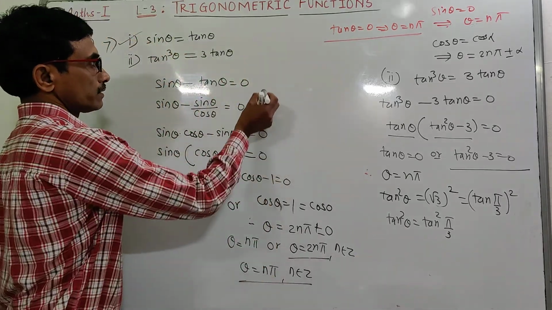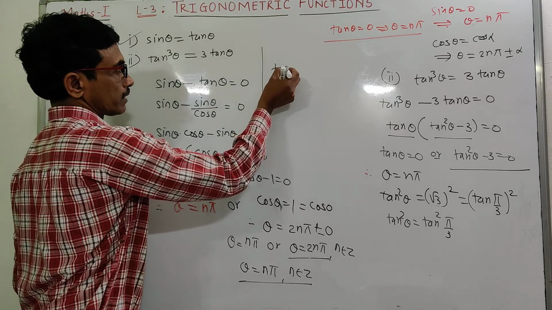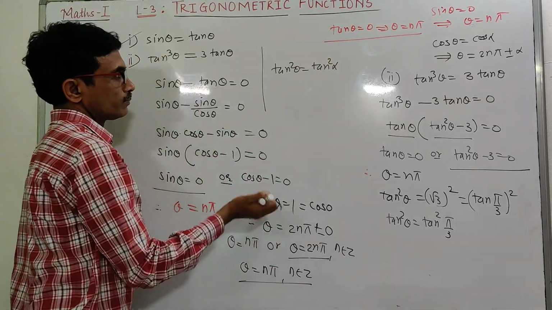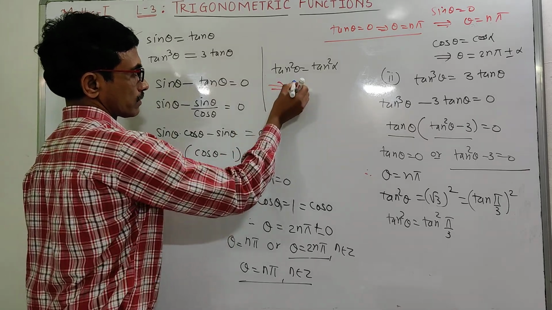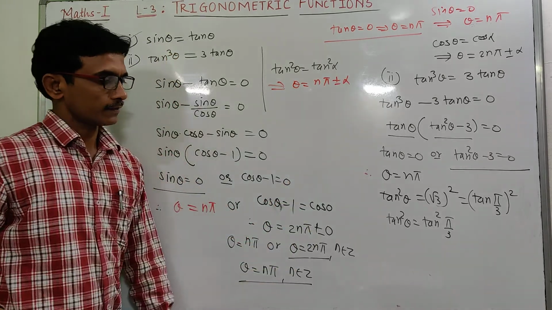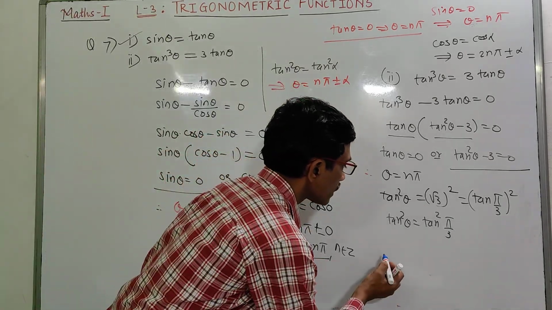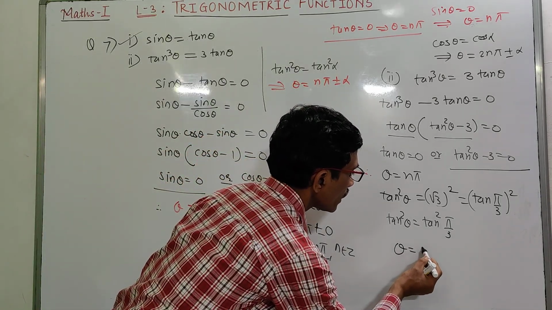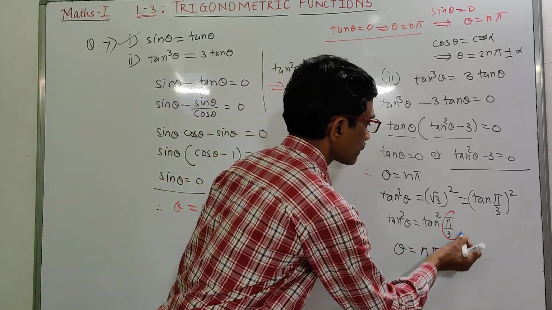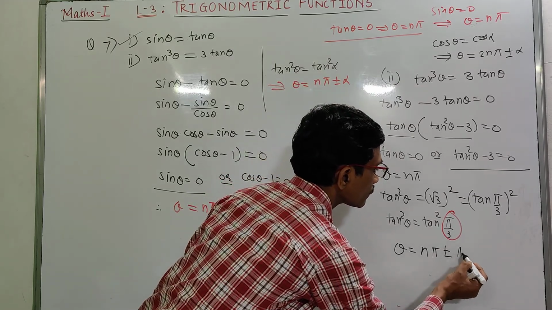See here, tan square theta is equal to tan square alpha implies theta is equal to n pi plus minus alpha. So we apply here theta is equal to n pi plus minus alpha. Alpha is this, pi by 3.